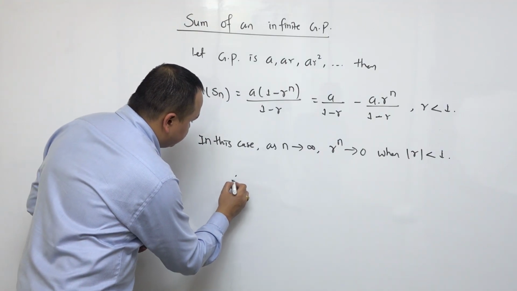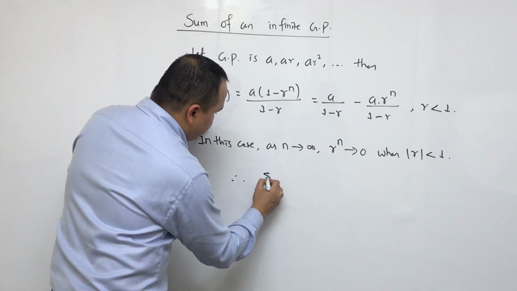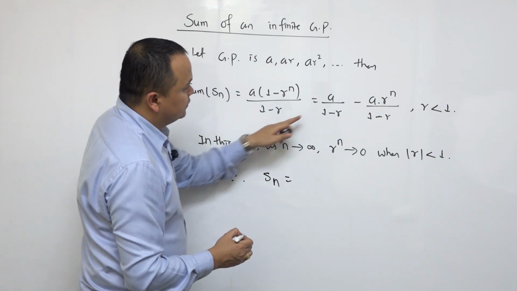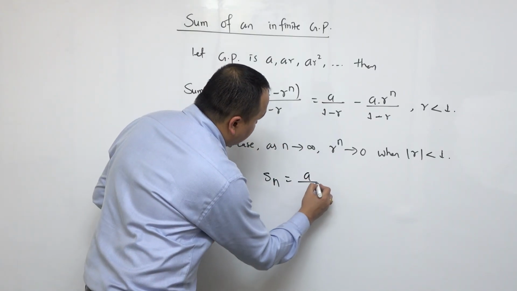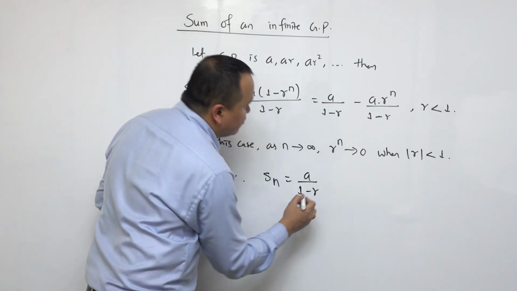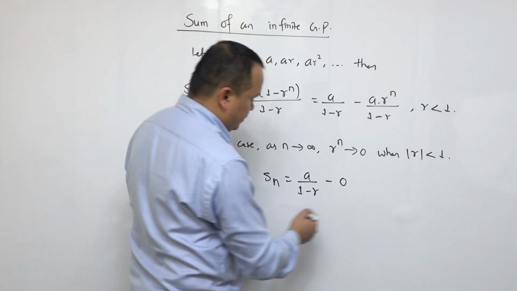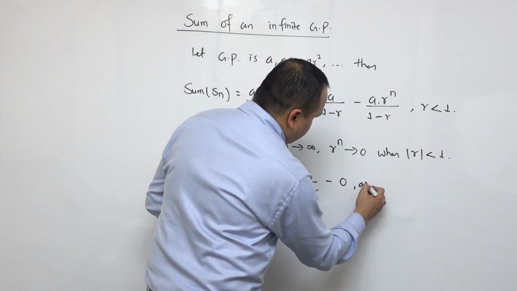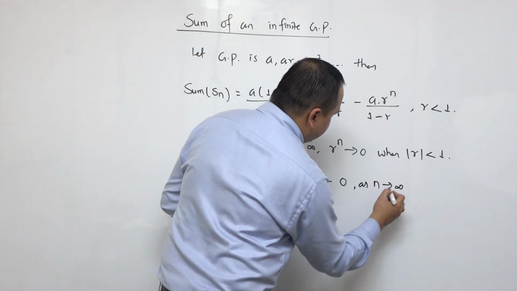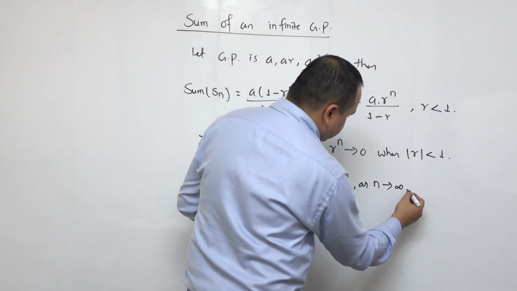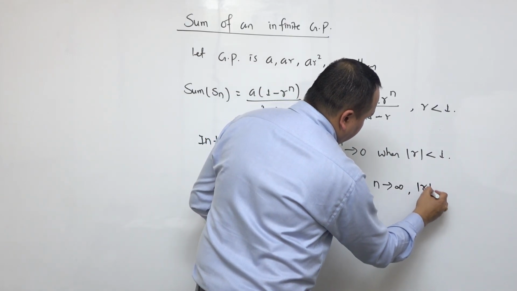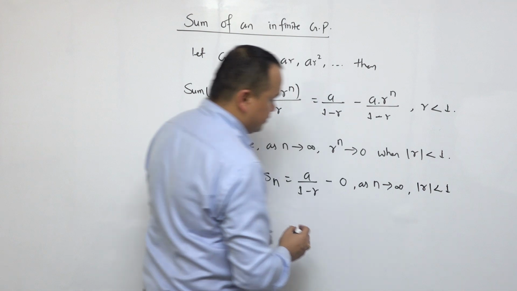Therefore, Sn is equal to A upon 1 minus R minus 0, as n tends to infinity, since modulus of R is less than 1.